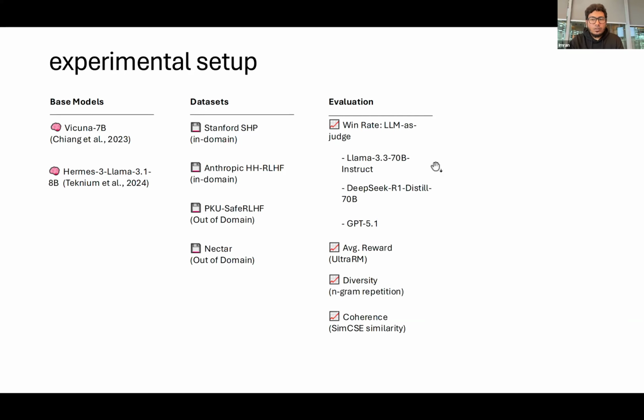And using different models from different categories showed us that we can check if the results are consistent when using LLM as the win rate calculation, and not actually biased towards one judge. And we found in our experiments that the results generalize across all of these LLM as judge models.